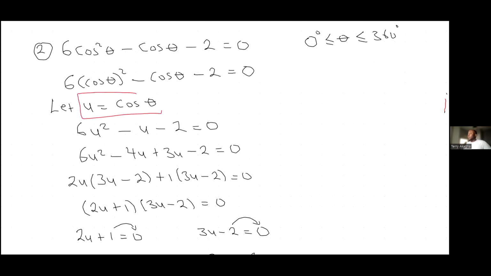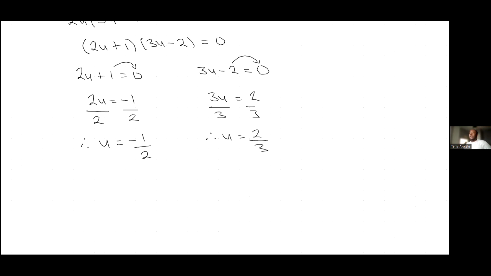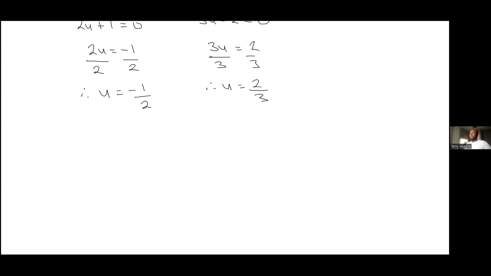So what we're going to do is replace the u with cos theta. So we can now say cos theta is equal to minus 1 over 2, and we can also say cos theta is equal to 2 over 3. We have to replace it with theta because we're not looking for u.